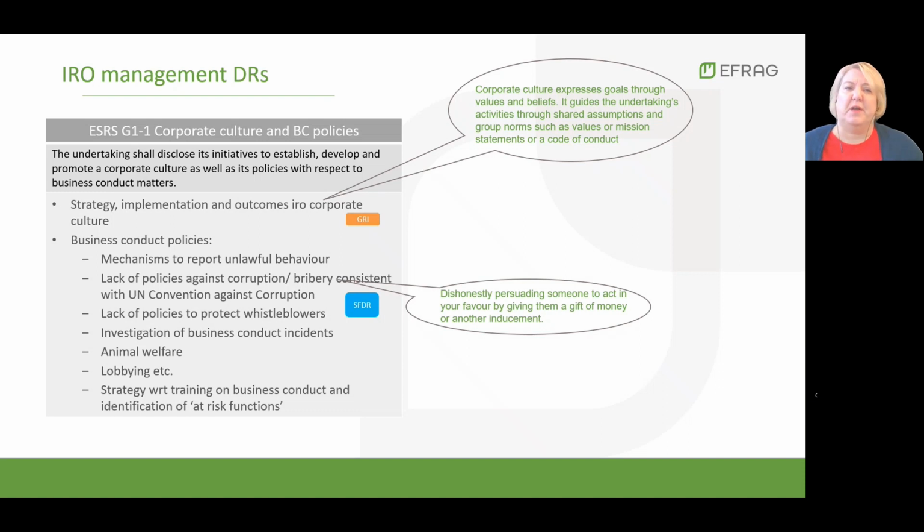Then we require specific business conduct policies. We have definitions for corruption and bribery in Appendix A of the standard. And then specifically SFDR, the regulation for financial market participants, asked us to have specific data points where you have a lack of policies against corruption and bribery, which are consistent with the UN Convention Against Corruption, as well as a lack of policies to protect whistleblowers.